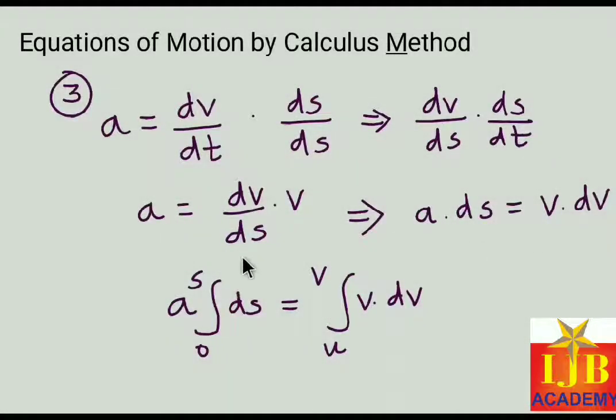I am taking this ds to the LHS, and I am going to rewrite it as a ds is equal to v dv. Now I am going to integrate. a is constant, I can take it out, integral 0 to s of ds, and in the RHS I am going to integrate v dv, and the limits are from u to v, where u is the initial velocity and v is the final velocity.